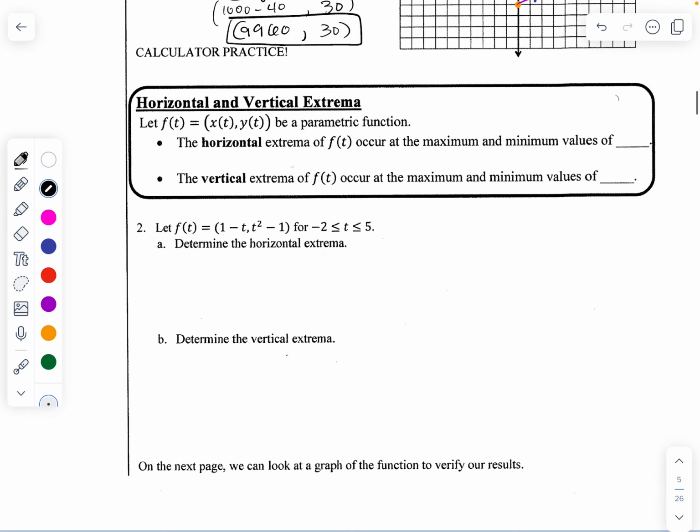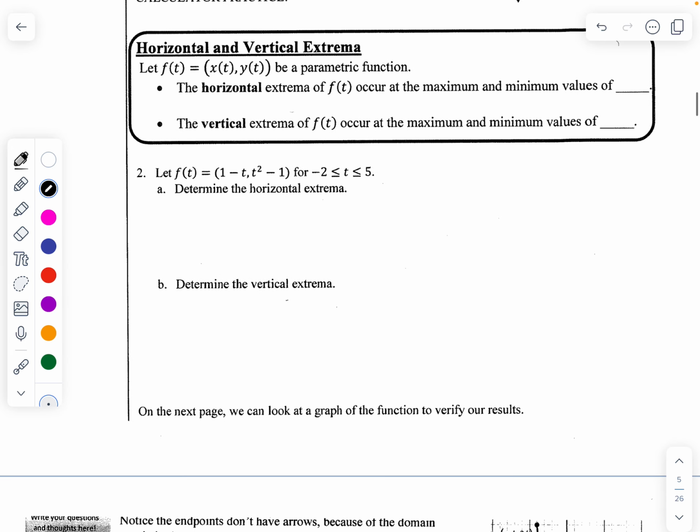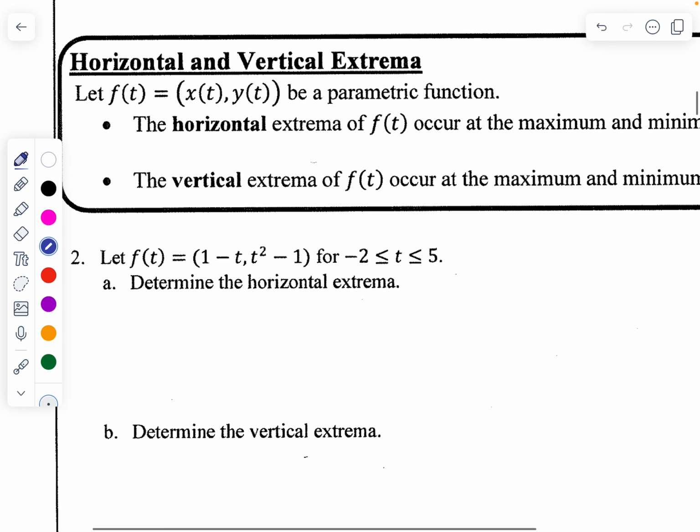So let's talk about some horizontal and vertical extrema. Before we talked about function extrema, maximums and minimums, but because we're talking about x and y functions of our parametrics, we know horizontal is left and right, that's for our x of t, and vertical is up and down, which is our y of t. So let's keep this in mind.